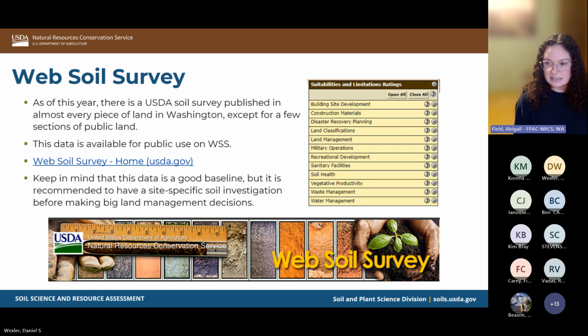Keep in mind that this data is a very good baseline, but it is recommended to have site-specific soil investigations if you're doing anything engineering related. But there's just tons of information here, and I highly recommend you check it out for the public lands you're working on and even your private lands that you're interested in. Next slide.